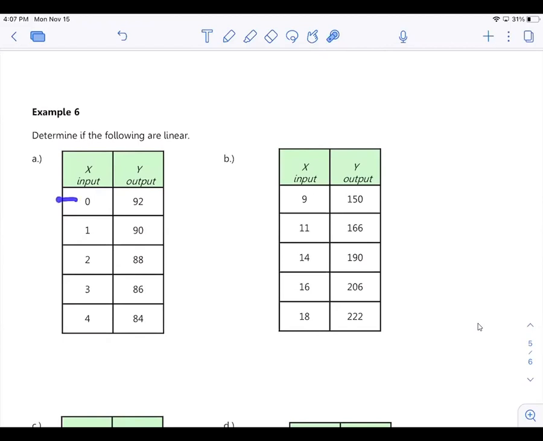So this one, A, is going up by 1 each time. So that's looking good. What's happening to my Y's? Decreasing by 2. Good. The fact that that's consistent, another word for that is constant. It's constant in my X's and it's constant in my Y's. Then I know this thing is linear.